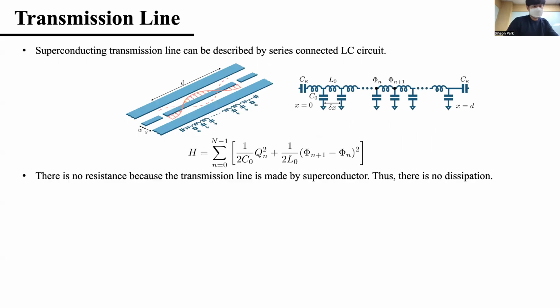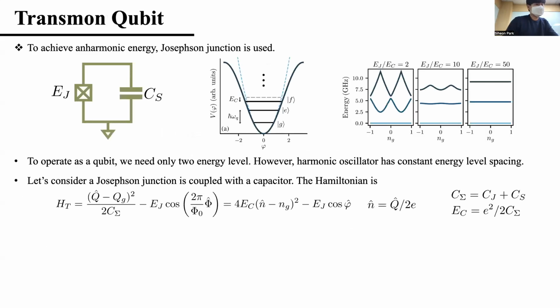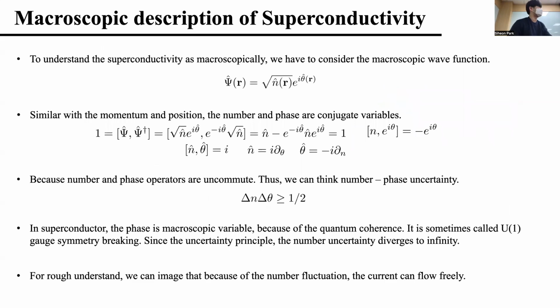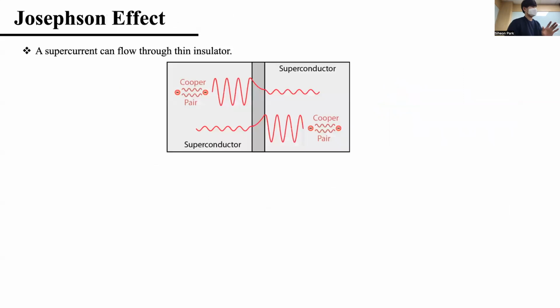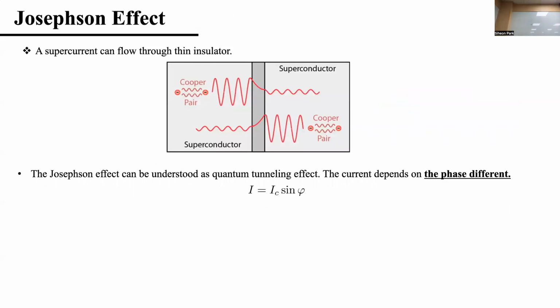I can see how the math goes when you talk about the partition function. But how is it really related to the physics? I skipped the theory of the Cooper pair. In the Josephson effect, there is a quantum phase.